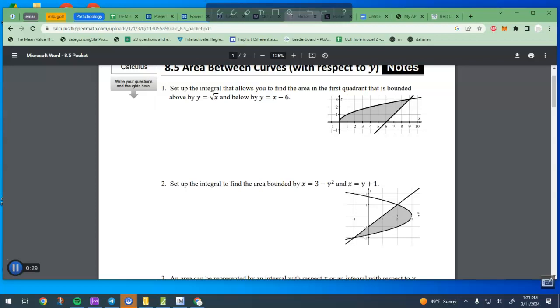On Thursday, we did this problem in terms of x. So in terms of x is equal to solved for y. In terms of is like the variable that's on the other side.